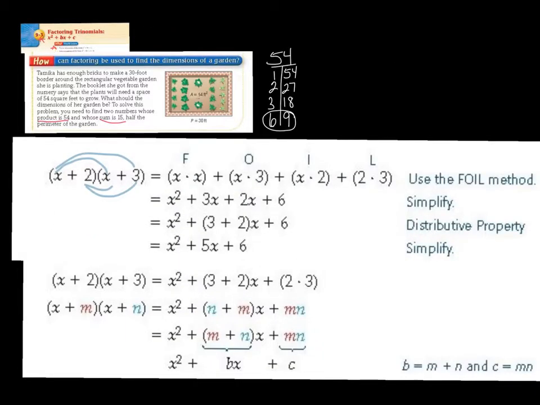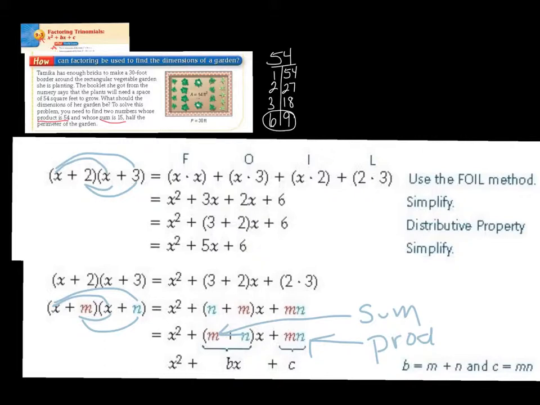If we used m and n instead of 2 and 3, the same pattern works. First, outer, inner, last. But this time, the sum of 2 and 3, instead of being nice numbers, we have m plus n. So there's our sum. And m times n, there's our product.